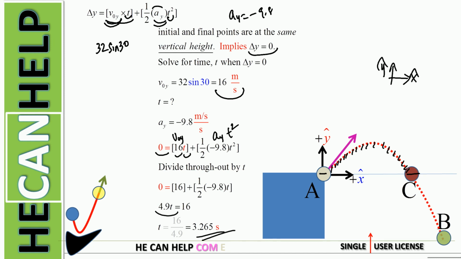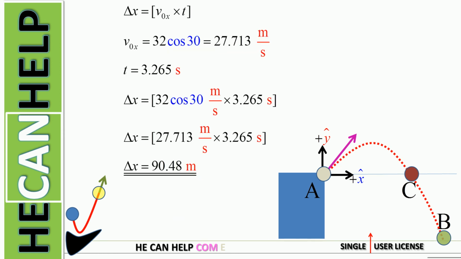We also have the velocity along the horizontal. Because velocity is a constant, all we have to do is multiply velocity along the horizontal times time, and you get the displacement along the horizontal. So delta x is equal to initial velocity along the horizontal times time. Initial velocity along the horizontal is 32 cosine 30, which is 27.713.